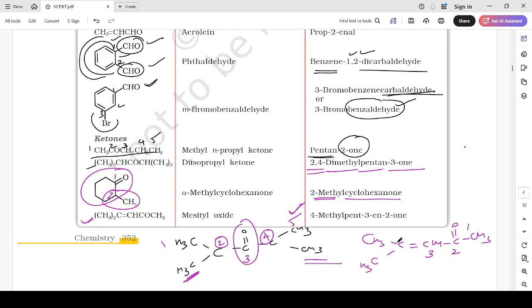1, 2, 3, 4, 5. Fourth carbon there is a methyl. Totally 5 carbons are there. So I say 4-methyl pent. Third carbon there is a double bond, en. Second carbon it is a ketone, 2-one.